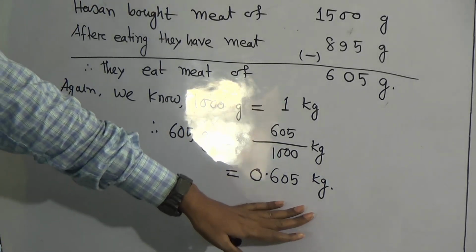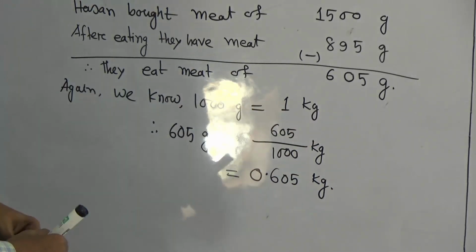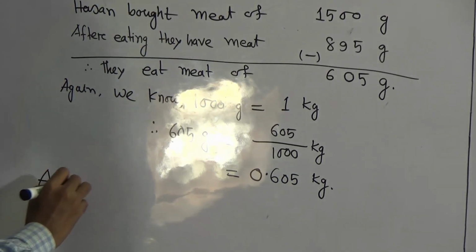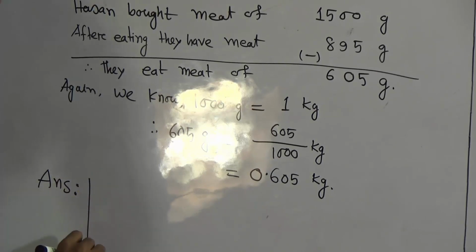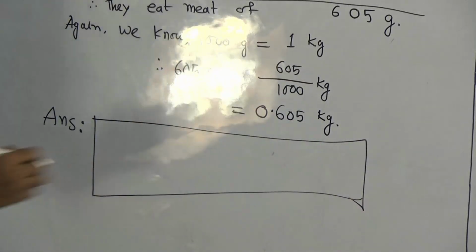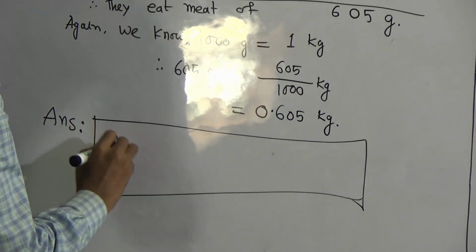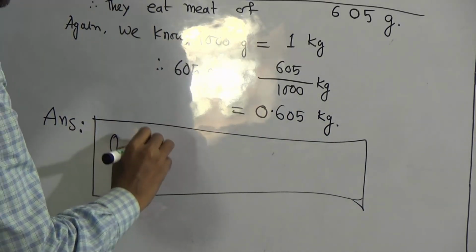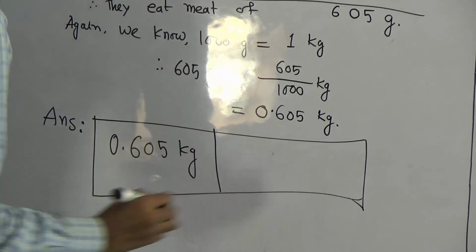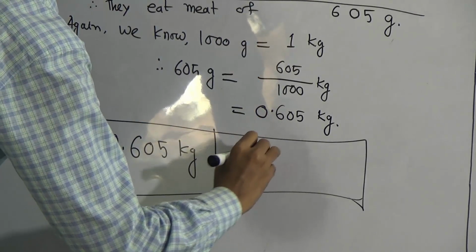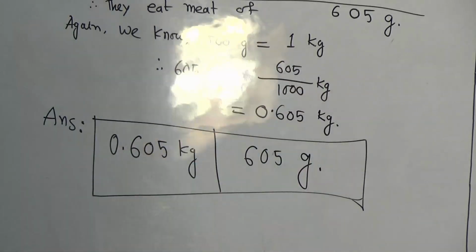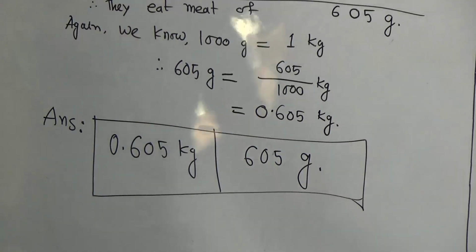And how much gram? 605 gram. Now write 0.605 kg and 605 gram. Okay, student, I hope you understood.